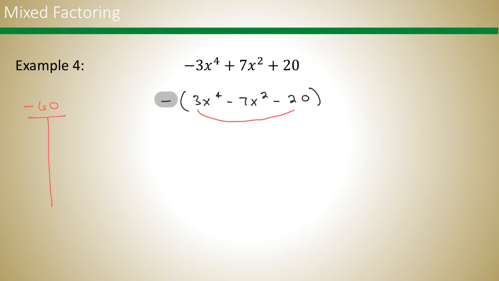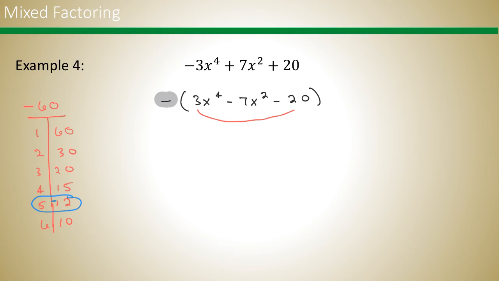And find factors of negative 60 that add to make negative 7. There's all of our factors, okay? And I can make negative 7 with 5 minus 12.